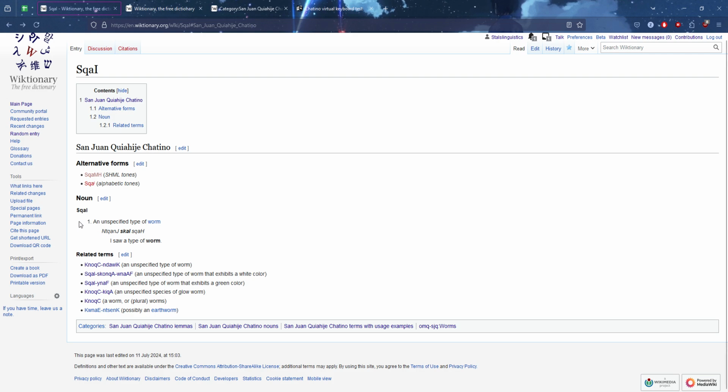Below the definition, which says an unspecified type of worm, you'll see that there are usage examples or example sentences. I've highlighted where the word is being used, and you'll see that this actually has a K. I, for the sake of ethics, didn't change a lot of the information that was provided in the corpus.